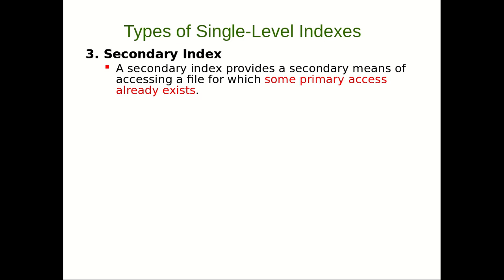For example, employee name. If the records are sorted based on employee number, then based on the other field, the employee name field, that file may not be in sorted order. If you want to do a name-based search in that data file, then you have to perform a linear search.